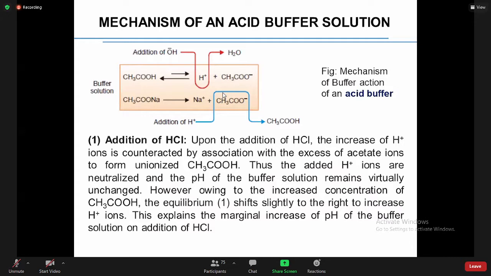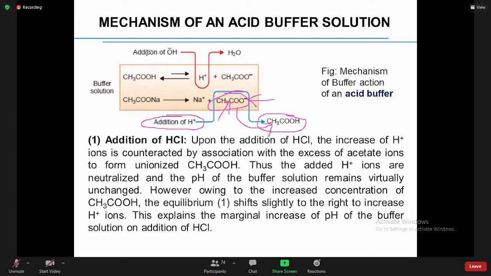When we add a small amount of hydrogen ion, this hydrogen ion will react with the ion which comes from the salt, like the ethanoate ion here, and will reform ethanoic acid. And if we add some hydroxide ion, it will react with hydrogen ion.